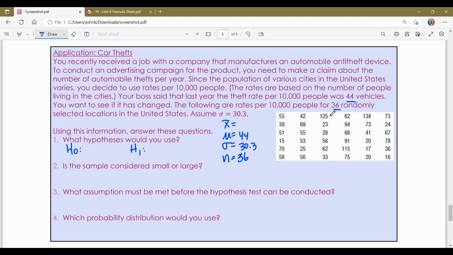If I type all of this stuff into my calculator and do one var stat, I get an x bar of 56.0. So our null hypothesis would be mu equals 44. Our alternative hypothesis, since we want to see if it has changed, is going to be mu does not equal 44. And this is going to be my claim.